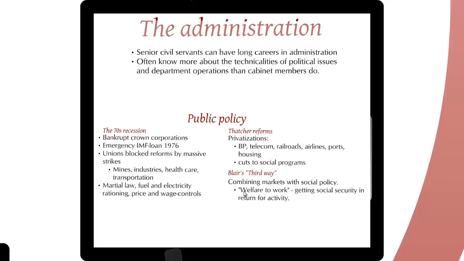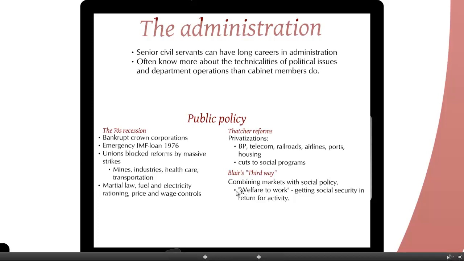So we're talking almost 2 decades of Tory rule when Blair finally produced his alternative to what people saw as outdated Labour politics, and this was called the Third Way, where he argued that he was combining the best of 2 worlds, the best of the markets with the best of social policy.